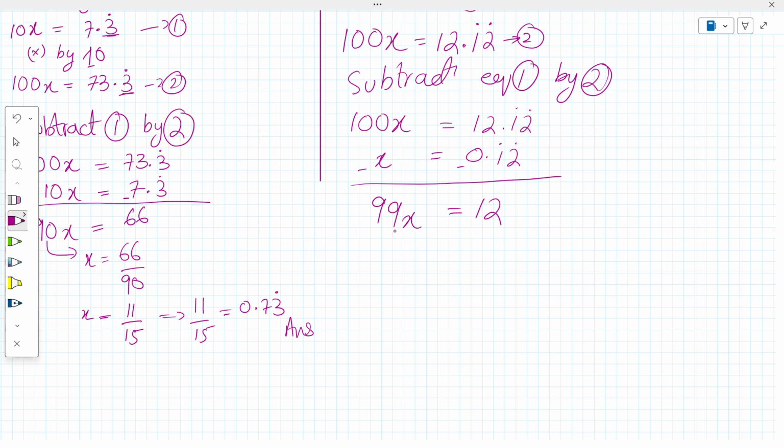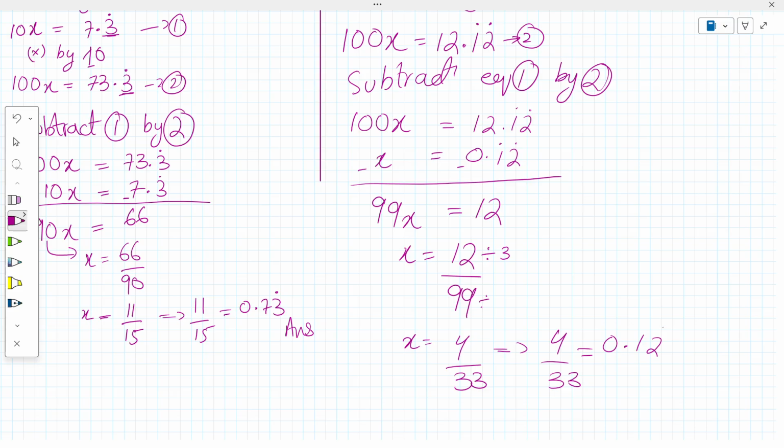Now finding the value of x, move this 99 to the right hand side, so x equals 12 divided by 99. We know that 12 and 99 have a common factor, 3, so dividing by 3, the value of x equals 4 upon 33. That implies that 4 upon 33 is equivalent to 0.12 with the dot notation. So this is the answer.